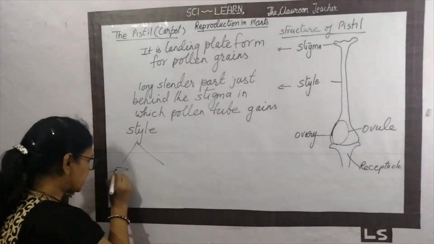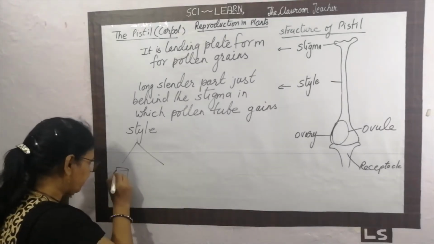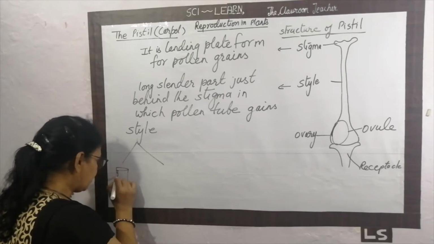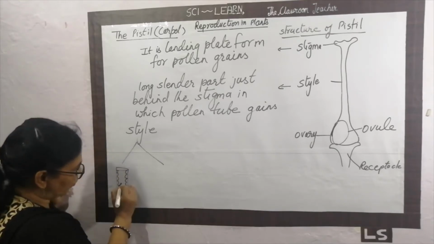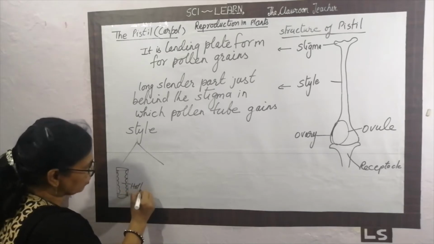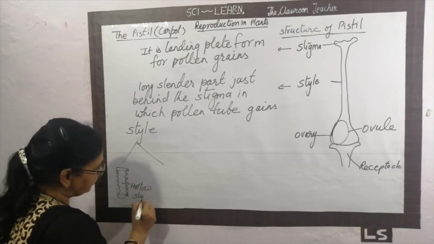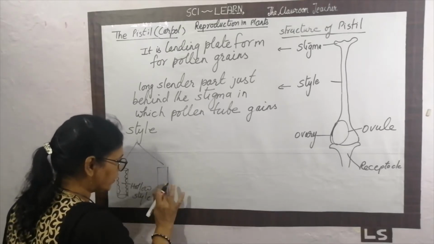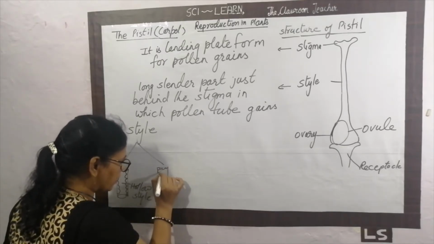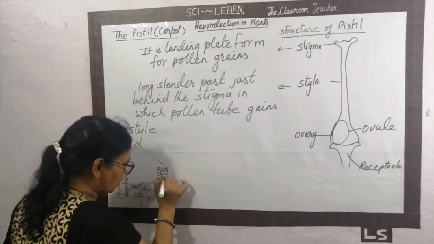Let us suppose this is the style. If it is a hollow style, what happens? The central cavity is hollow, so it is called the hollow style. But if it is compact or solid, then all the part is filled with a small number of cells.